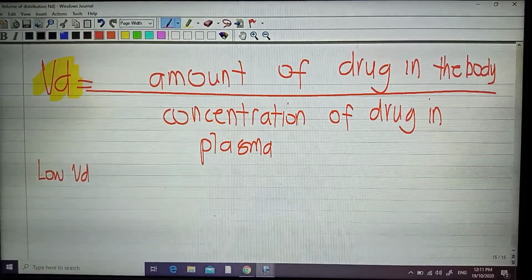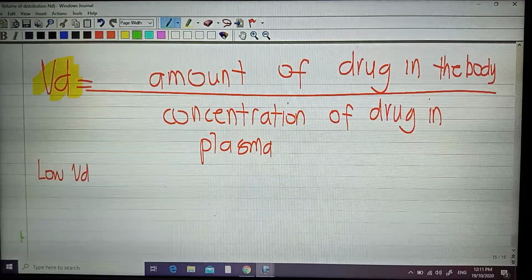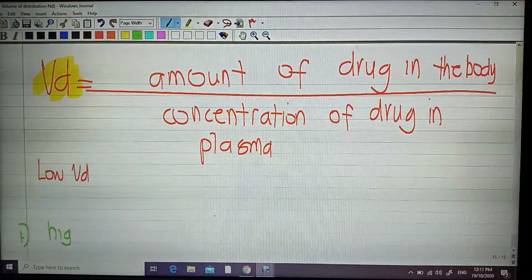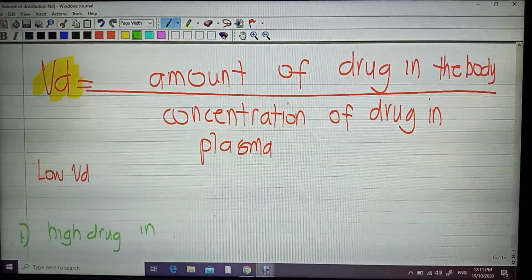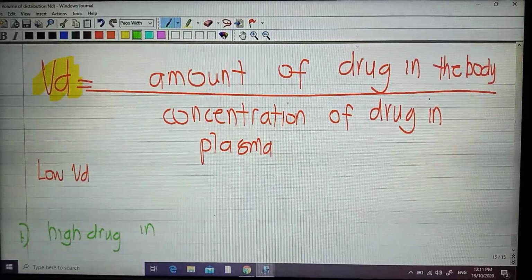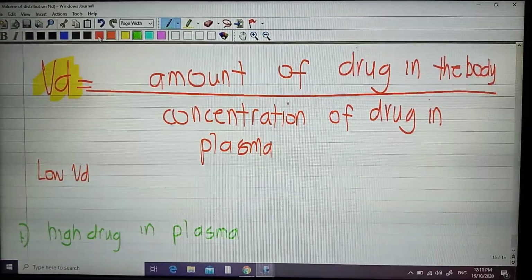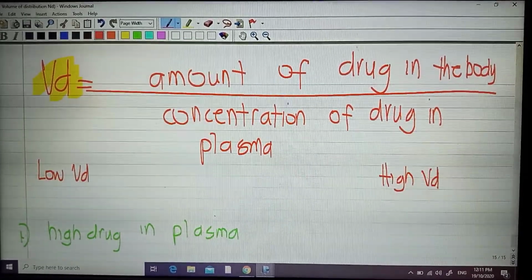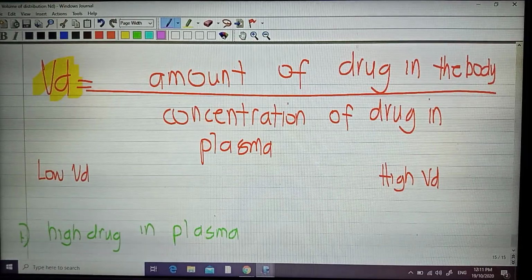Okay, if you have a low VD, it suggests high drug in the plasma. So it gets where needed. Whereas if you have a high VD, high volume of distribution, what does it suggest?